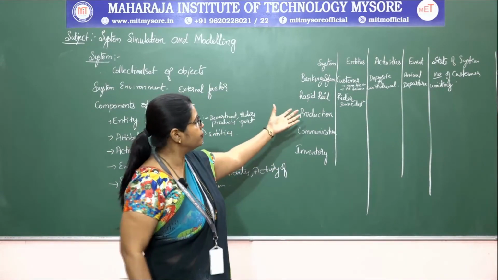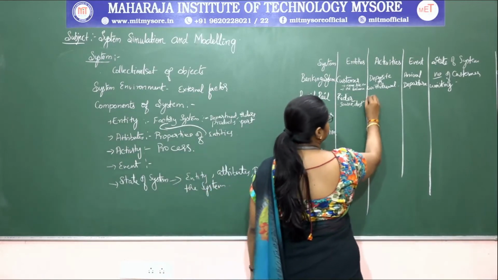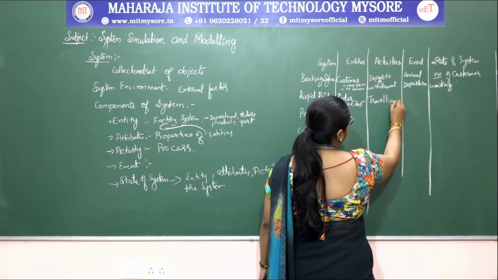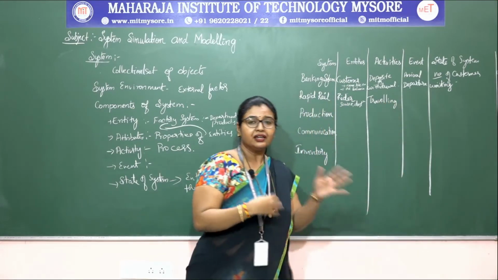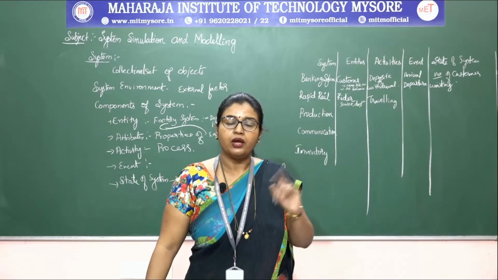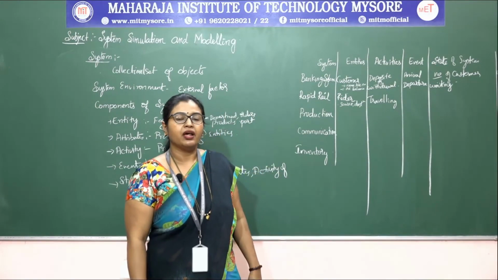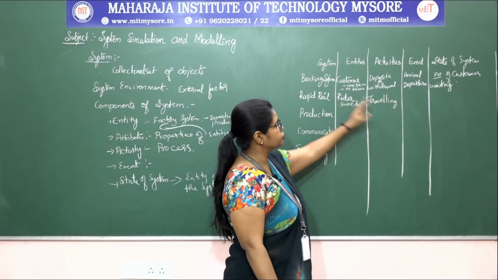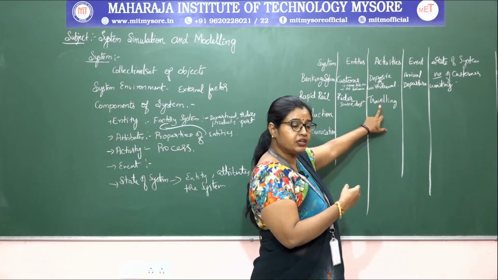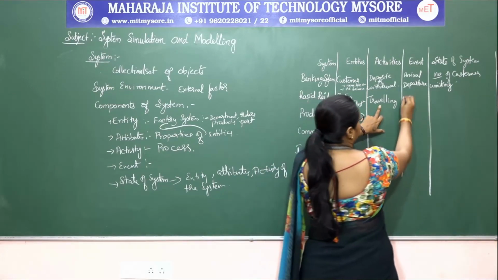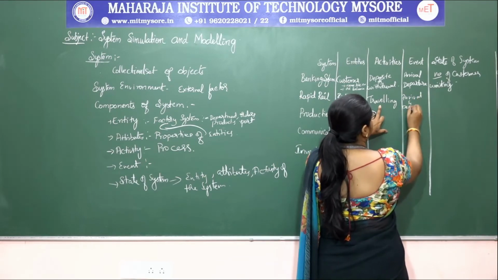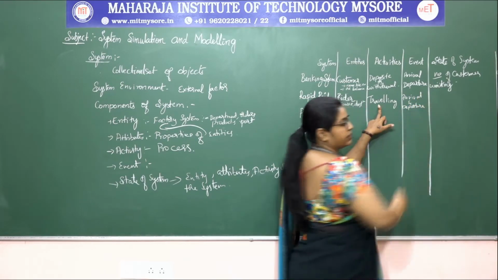Then what is the activity? What activity will be performed here? That is nothing but traveling. From one end to another end, he needs to travel, right? So that is the activity he is going to perform. If he wants to do the traveling, definitely arrival and departure should take place, right?